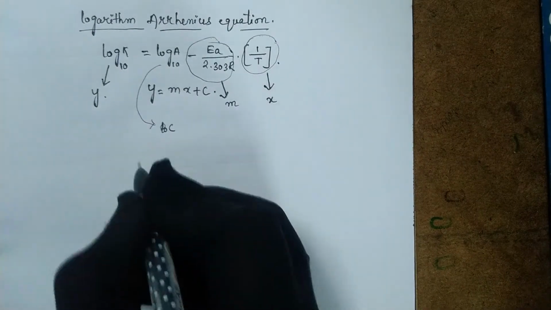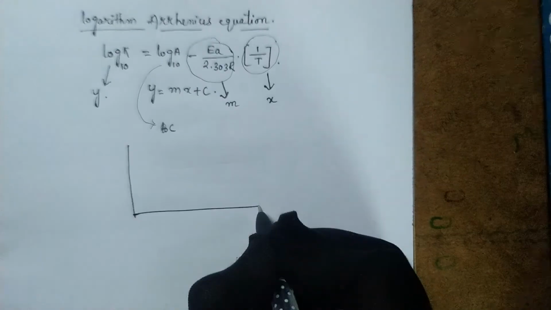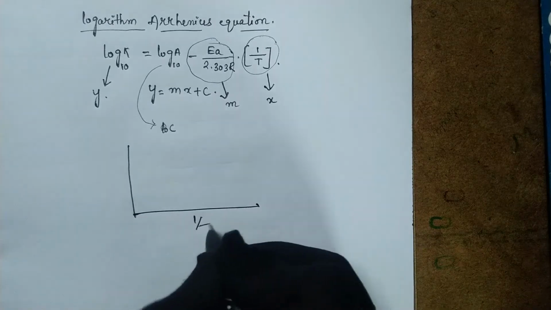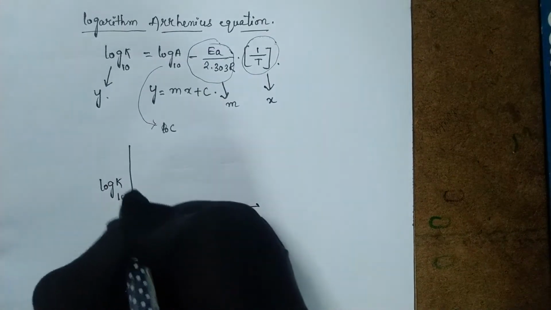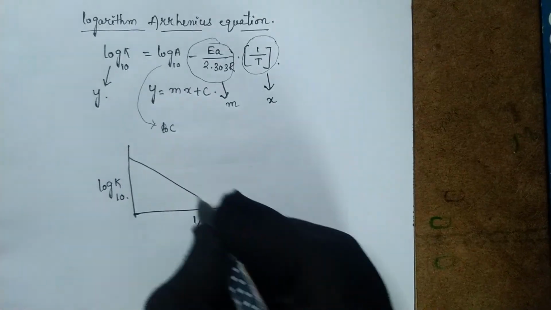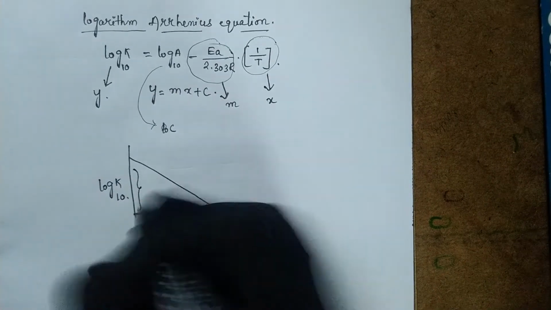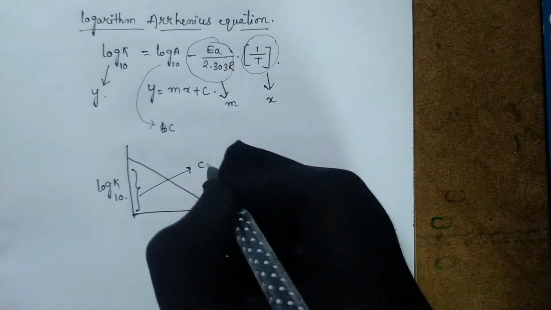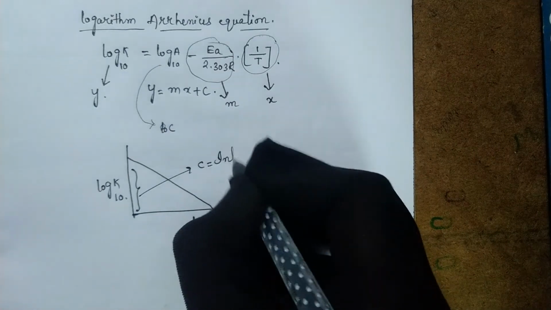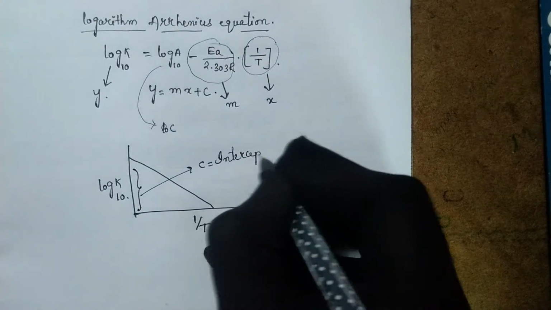So now let's see the graph. Let's draw the graph between 1 by T versus log k to the base 10. Here this is the intercept, this c is equal to the intercept.